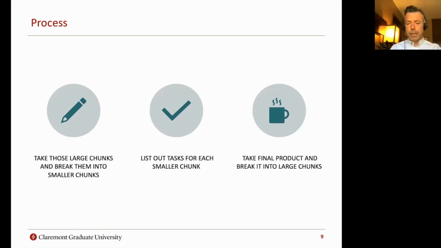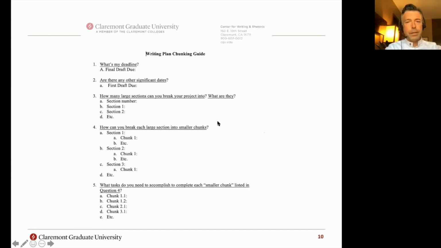If you've got each section of the literature review, you're looking at what are my subsections, subsection 1, 2, 3, subsection 2.1, 2.2, 2.3, that sort of thing. And then you're thinking about breaking those down. And then finally, those medium chunks get broken down into straightforward, manageable tasks. So this is a handout that we've developed to help guide through this.